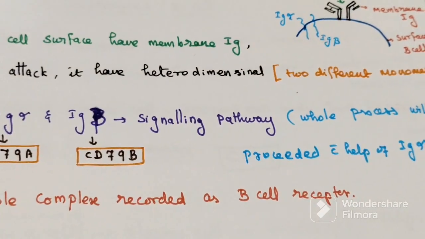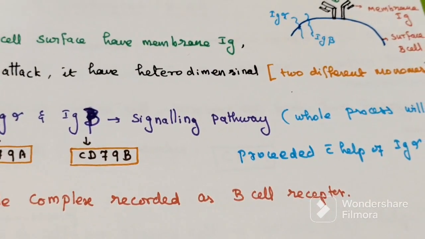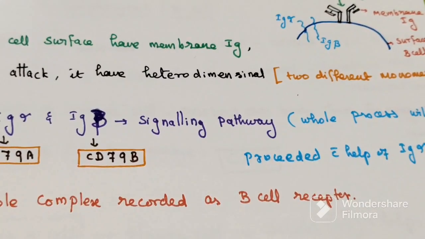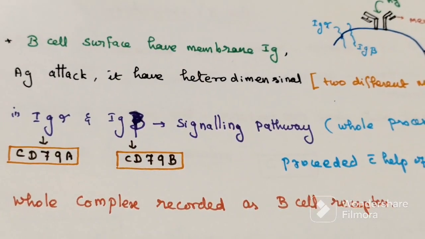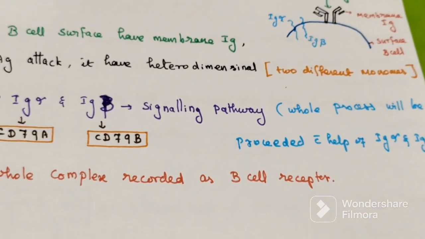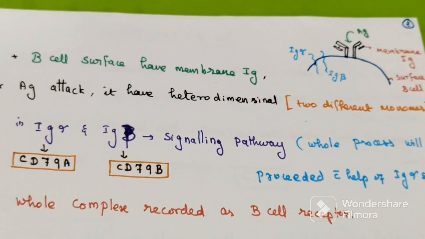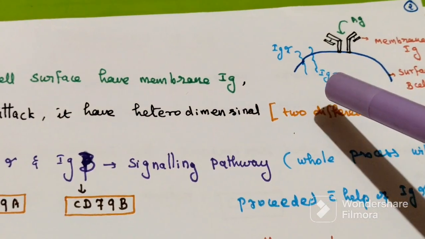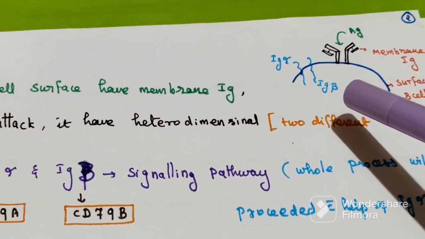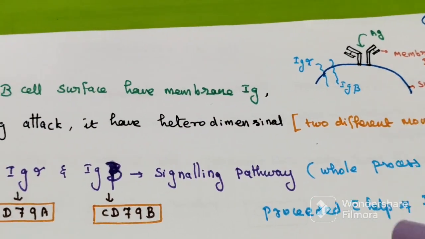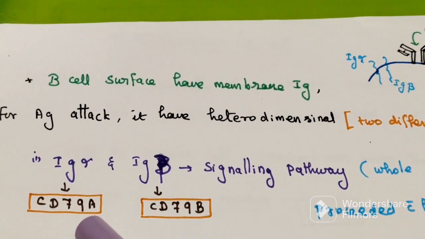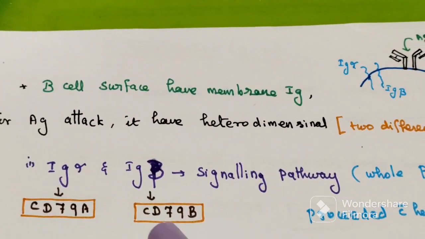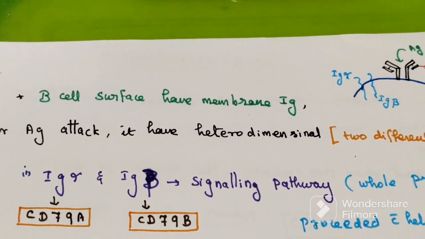That means whenever there is an attack of antigen, the whole process proceeds with the help of Ig alpha and Ig beta. So the whole complex together is recorded as the B cell receptor. Another name for Ig alpha is CD79A, and for Ig beta, CD79B.